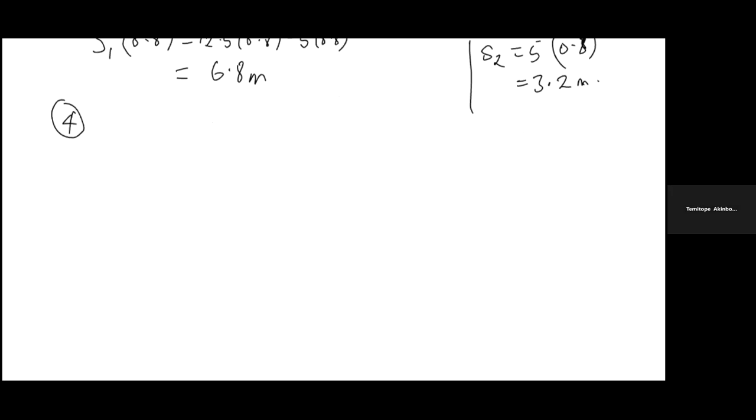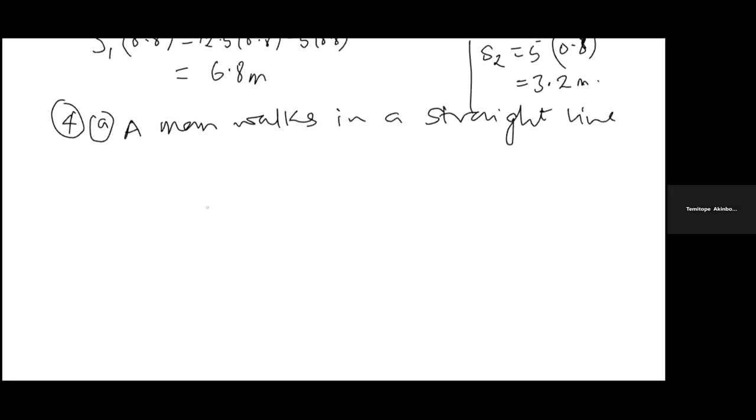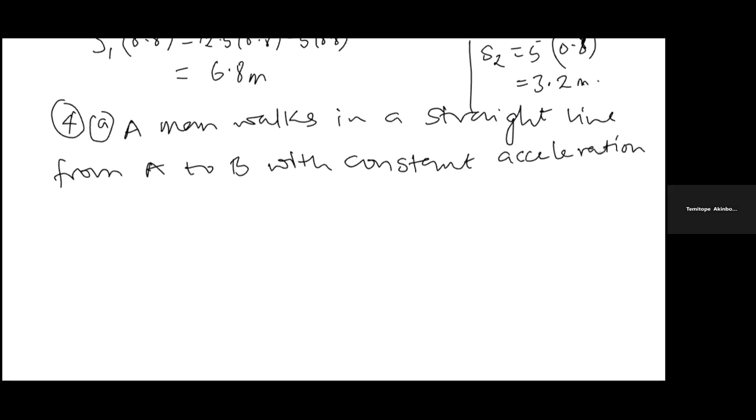Question A. A man walks in a straight line from A to B with constant acceleration 0.004 meters per square second.